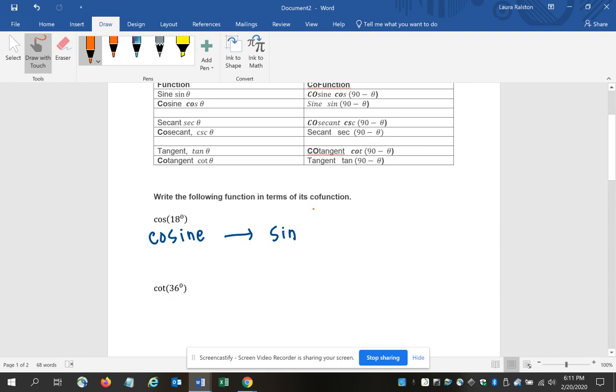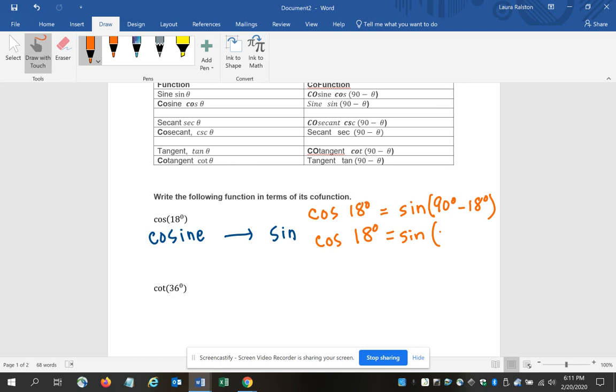You would have cosine of 18 degrees is equal to the sine of 90 degrees minus 18 degrees. And then you simply have to do the math. The cosine of 18 degrees is equal to the sine of 90 minus 18.